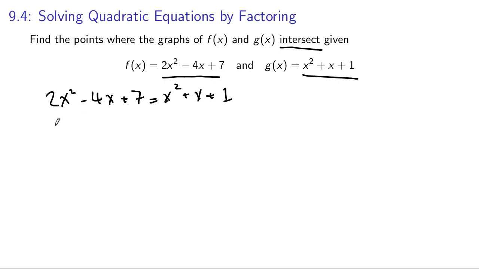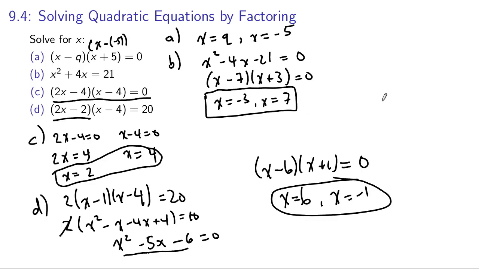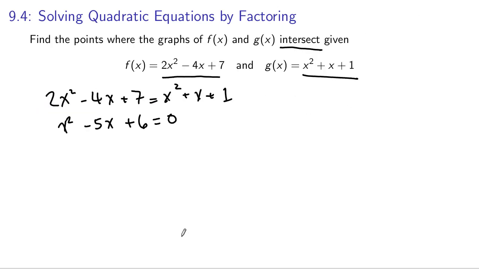So subtracting x squared from both sides, we get x squared. Subtracting x from both sides, we get minus 5x. Subtracting 1, plus 6, which is this exact same quadratic we did here, except we have plus instead of minus. So let's see how that affects the answer.